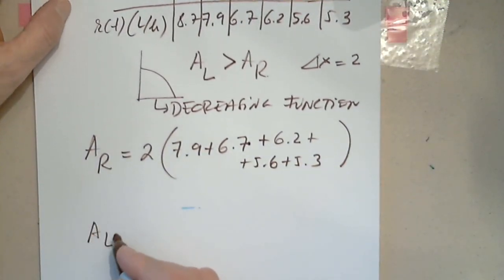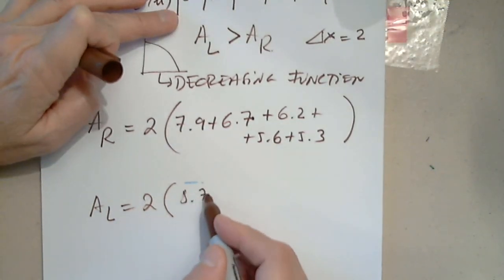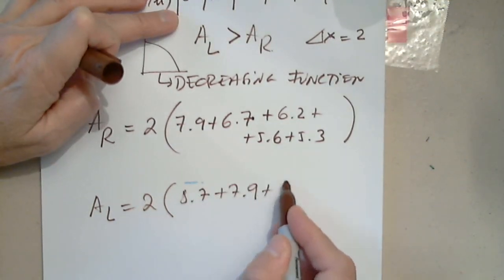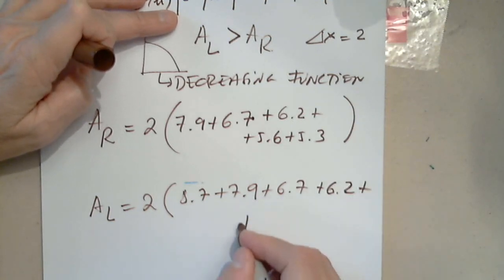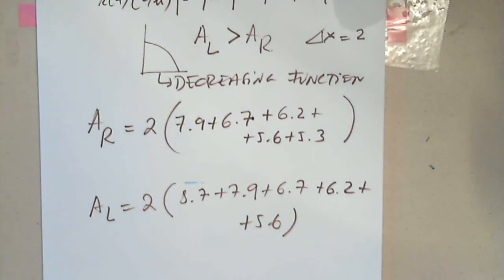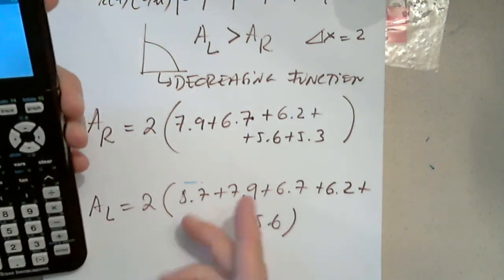And the area with the leftmost point will still be 2 as delta x, but it will be 8.7 plus 7.9 plus 6.7 plus 6.2 and plus 5.6. So now with the graphing calculator, I will just multiply because I can put them in.